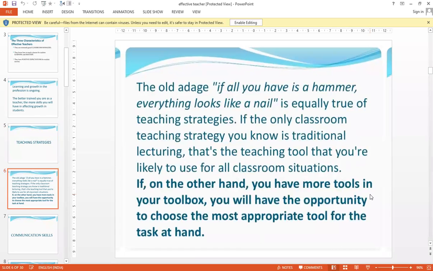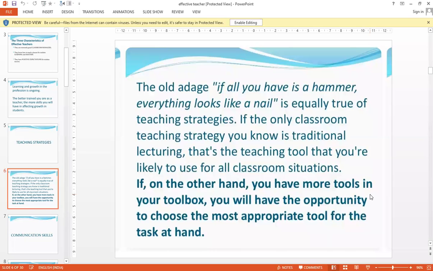The old adage, if all you have is a hammer, everything looks like a nail, is equally true of teaching strategies. It means that if the only tool you're using is a hammer, if you're trained in only one particular approach, the only classroom teaching strategy is traditional lecturing.